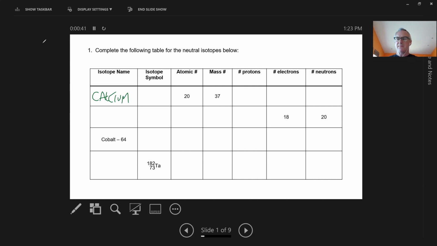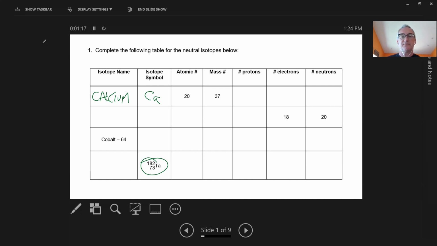You can see that my handwriting is not great, it's tough to write on the screen. So what is our symbol for calcium? Ca. Ca, right? Small a. And you can see from tantalum down here, this is how we make the symbol for the isotope. We have the atomic mass above and the atomic number below.